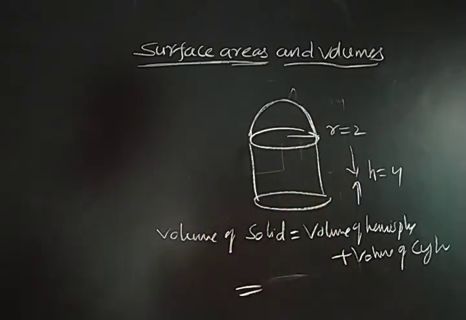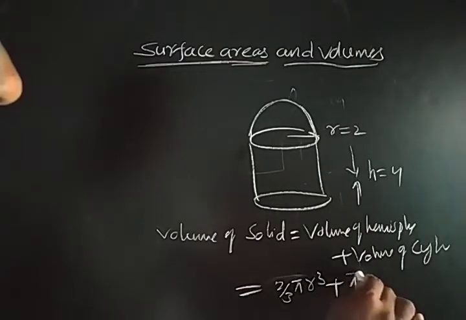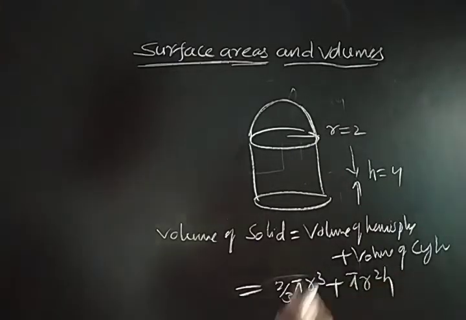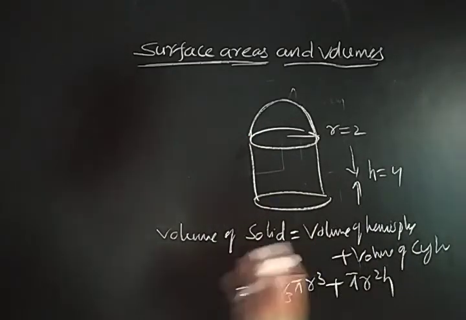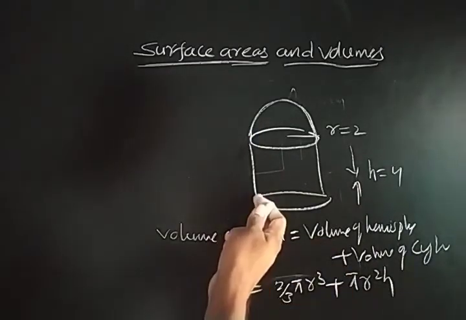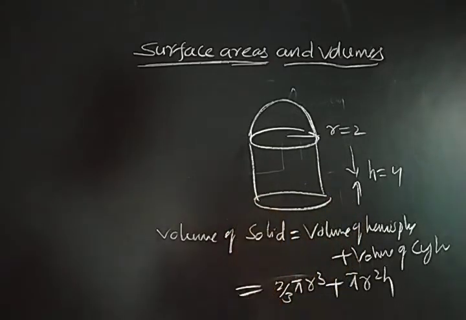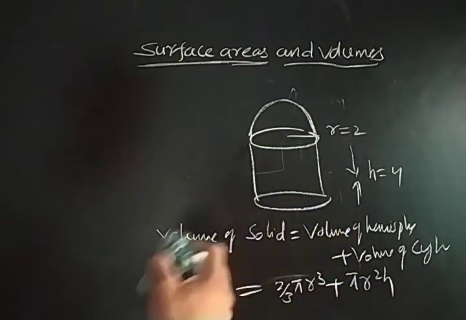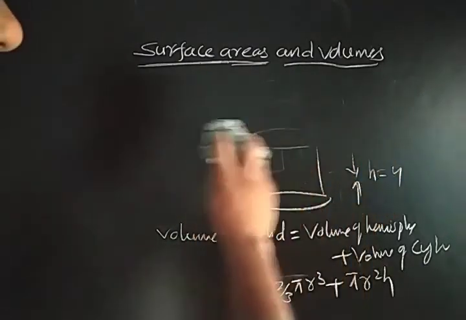The volume of hemisphere formula is 2 by 3 pi r cube, plus the volume of cylinder formula pi r square h. So r and h will be available in the question. Directly you can substitute here. You will get the total volume of the solid. Suppose if you have a hemisphere at the bottom also, then add one more 2 by 3 pi r cube, one more hemisphere value. Then you will get the total volume of the solid. Okay.